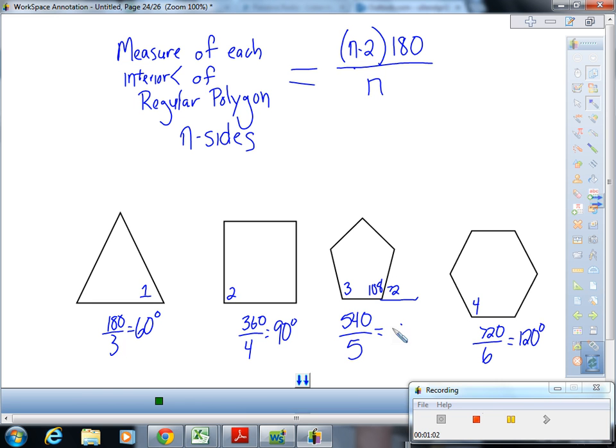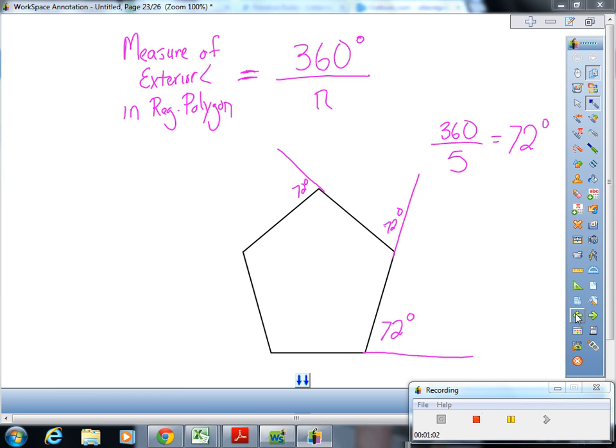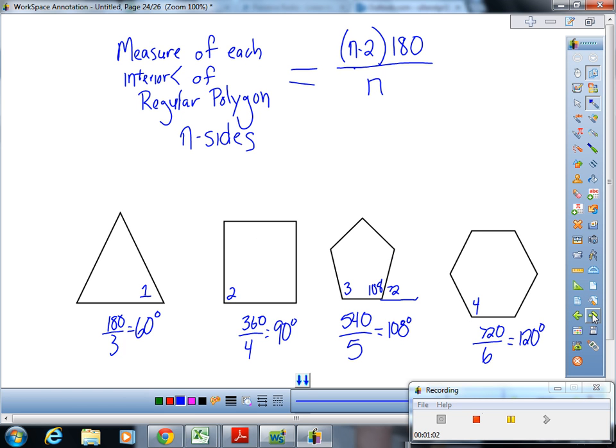This should be 108. So what I just explained there is a nice way to always check yourself. You've got two ways to find the exterior angle. You can find it by dividing the number of sides into 360, or you could just find the interior angle and find its supplement. That's a nice way to catch some mistakes. As you can see, I did that right there.